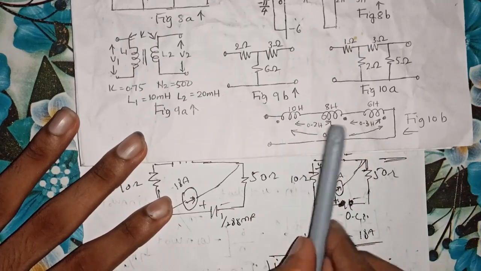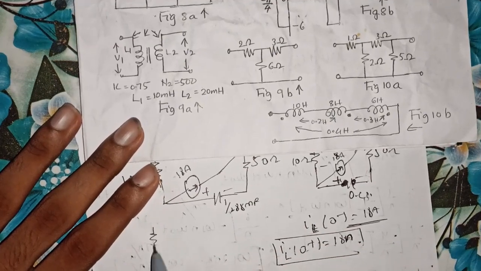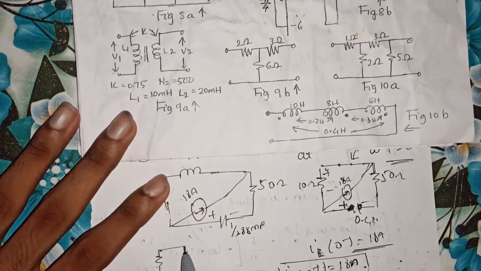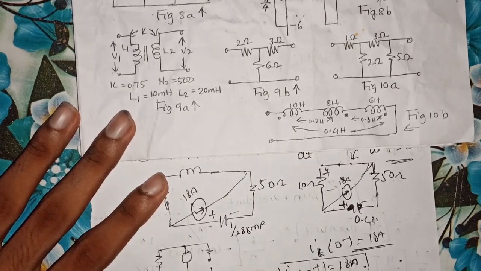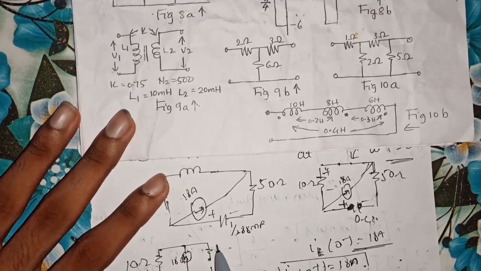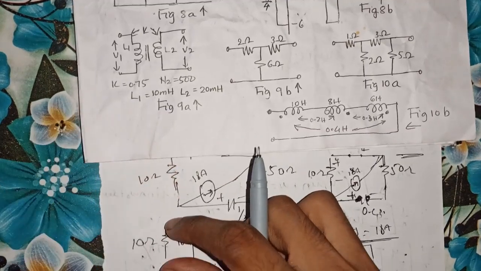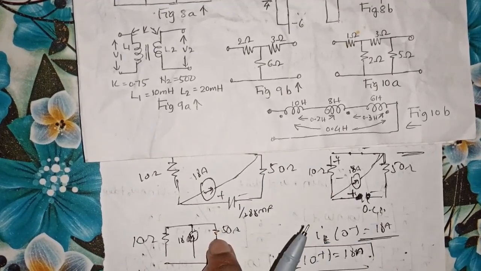Let me show it clearly. So all these are in parallel, in this fashion: 10 ohm, the 18 ampere current source, the capacitance, and this 50 ohm. Whatever the voltage across this 10 ohm resistance is, the same voltage appears across this capacitance.